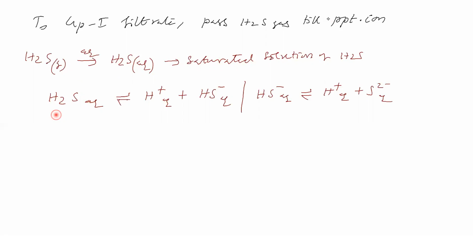Because it is a weak acid, so it will not undergo complete ionization. Now we will see the concentration of H2S, H plus, HS minus and sulfide in the resultant saturated solution at equilibrium. Those concentration values we will see.